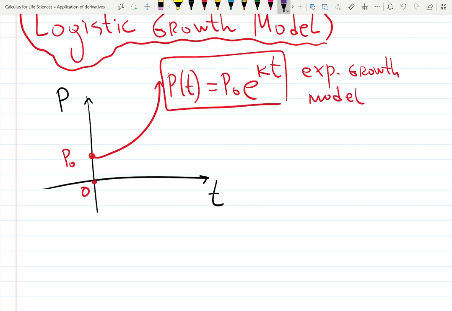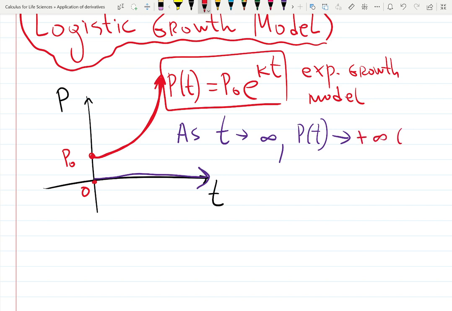And in this graph, as you can see, we learned limits for a reason. When t is going to the right, to plus infinity, P of t is going where? Who remembers limits? To plus infinity, up, right?